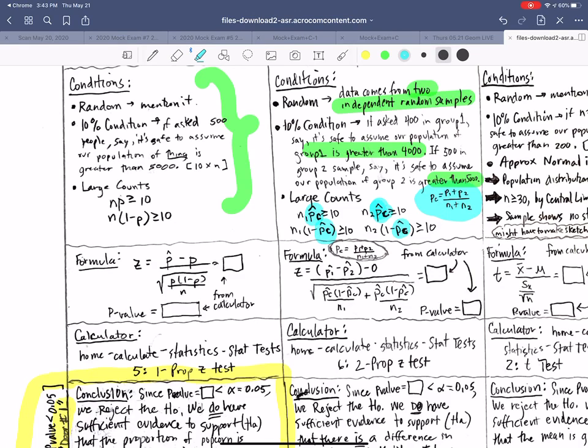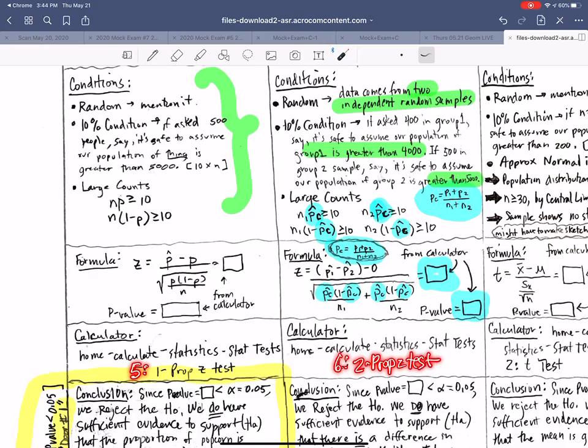And remember, we would just type it in the calculator, and the calculator is going to do this for us. So once again, the formula that your calculator is actually doing is P combined, and you're just getting these data values from your calculator. So what would be the calculator button you would push? Instead of the 5 button, it's the 6 button, because that's a 2 proportion z-test.